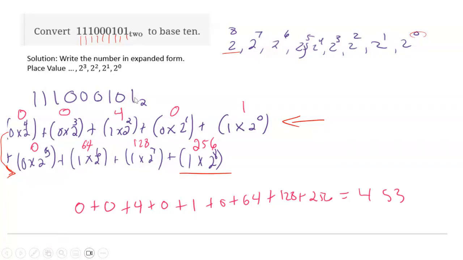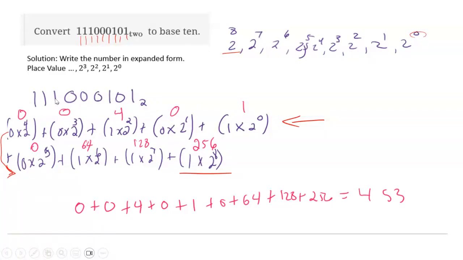So starting from the right, it's going to be 1 times 2 to the power 0, and then 0 times 2 to the power 1, 1 times 2 to the power 2, and then the next 3 powers are multiplied by 0. So 1, 2, and 3, the one that is below.